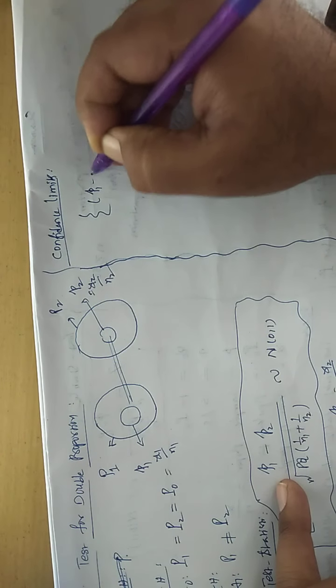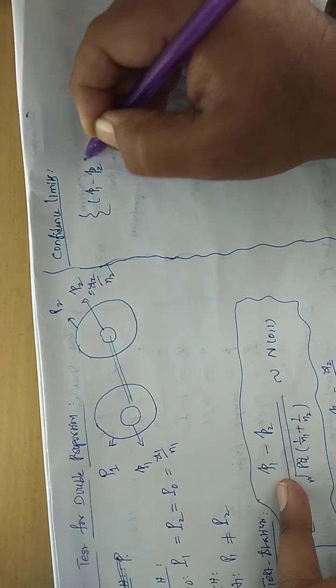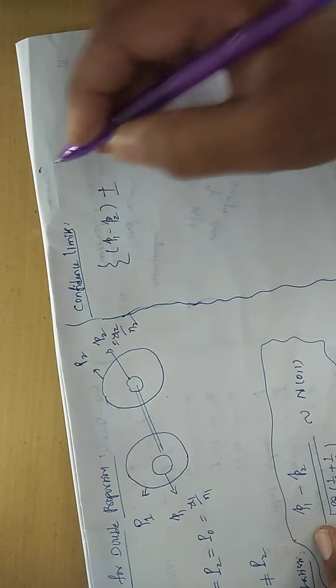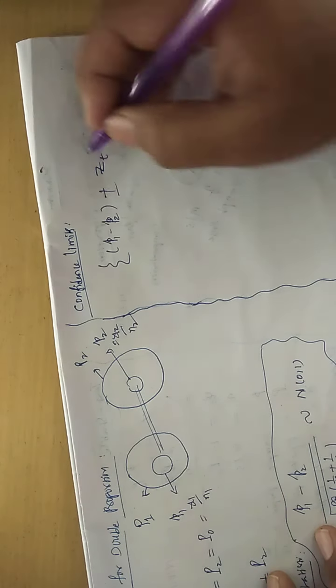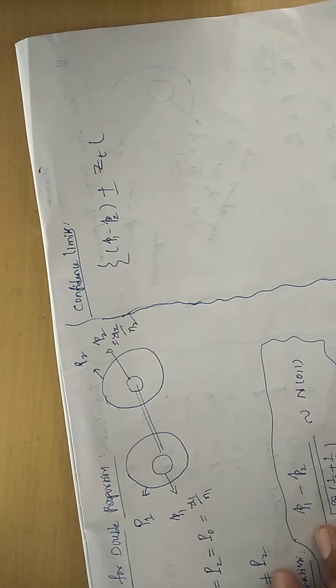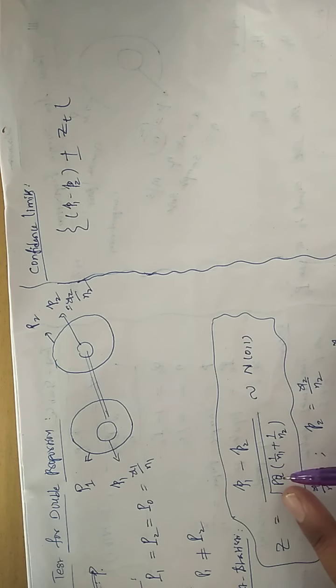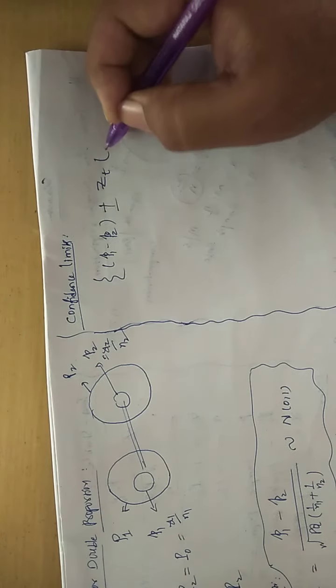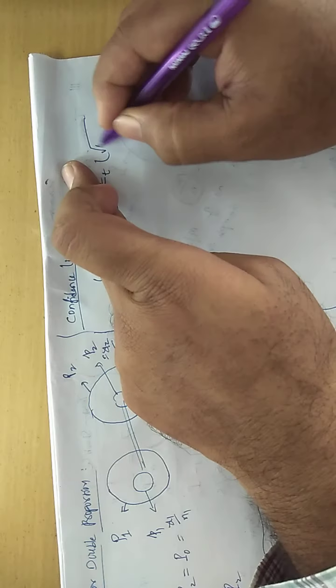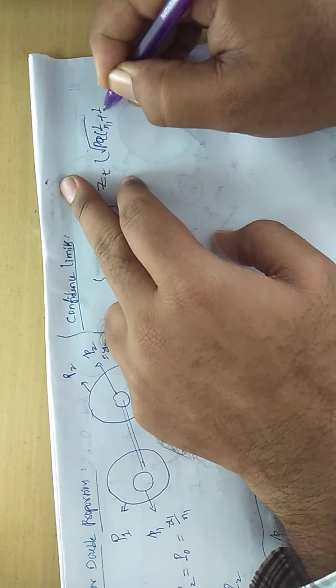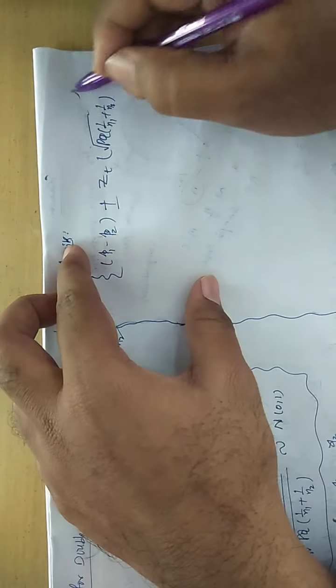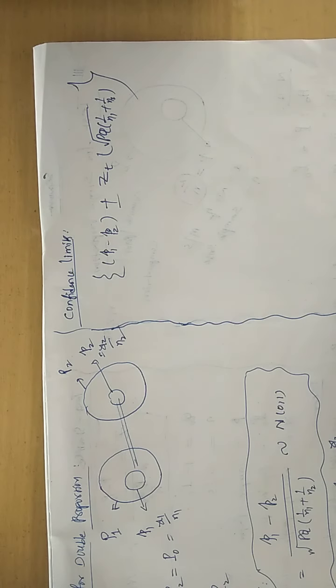So what you get here is small p1 minus small p2 plus or minus ZT, or Z alpha by 2, where ZT stands for the table value, into the standard error. In all these test statistics, the denominator value is known as the standard error. So what is the standard error here? Square root of PQ times (1 by N1 plus 1 by N2). So this is called the fiducial limits, or else the confidence limits.